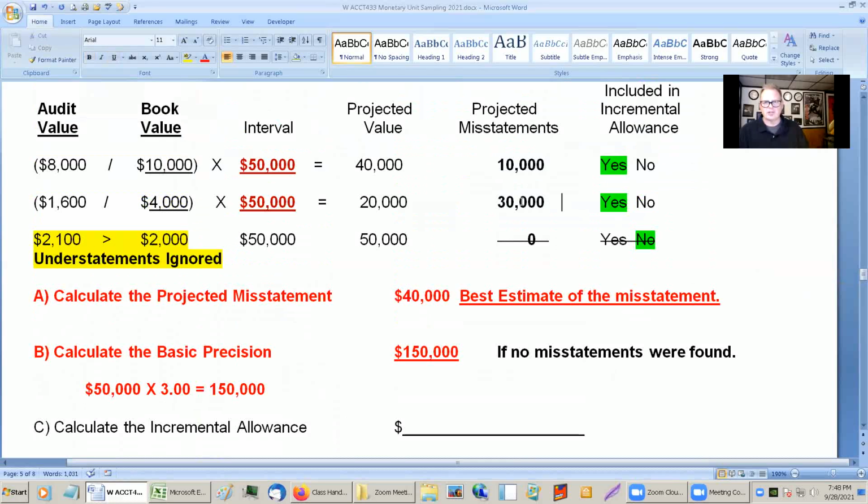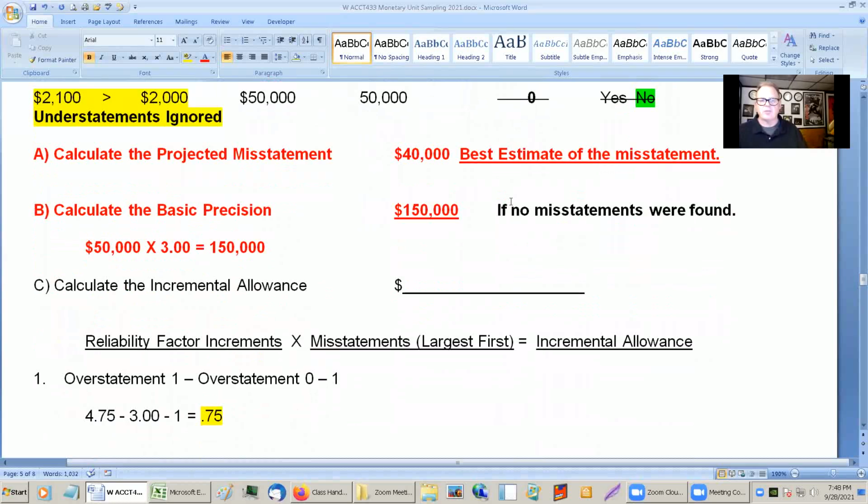So this is the largest. You can start with the largest and then go down the line. Now we only have 2 of them here. So the largest starts at 30, the next one will be 10.